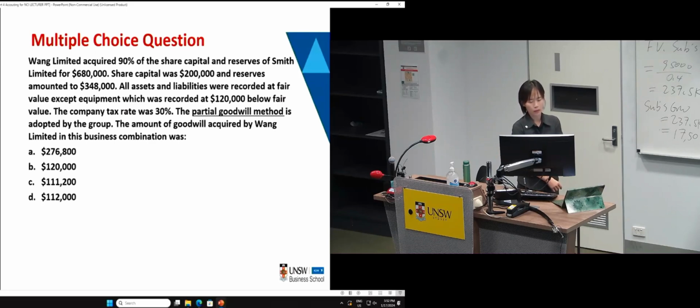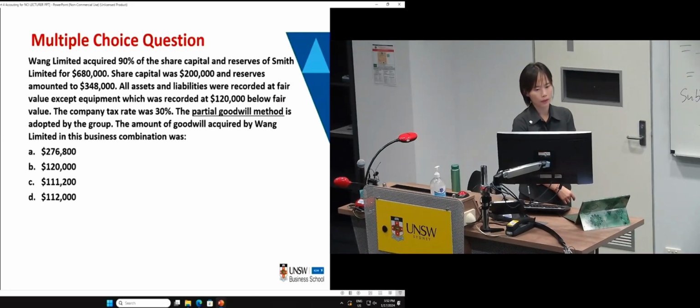The partial goodwill method is relatively simple to apply compared with the full goodwill method. You just need to find two items, right? Consideration and then Athena acquired.